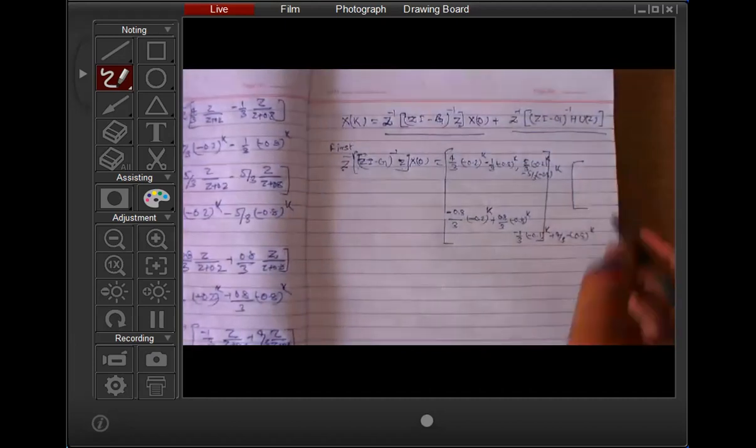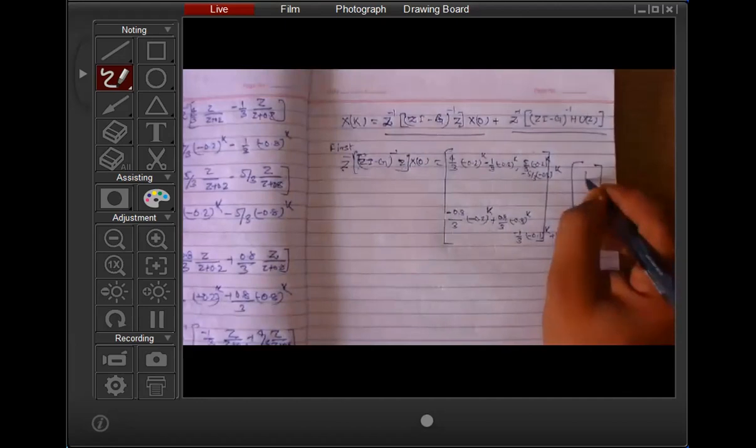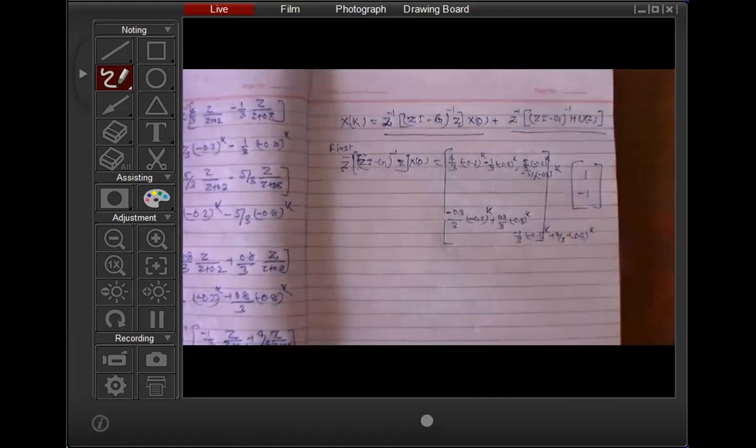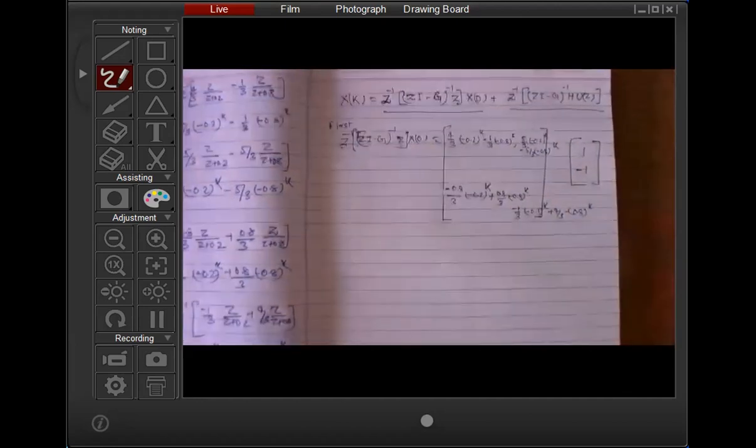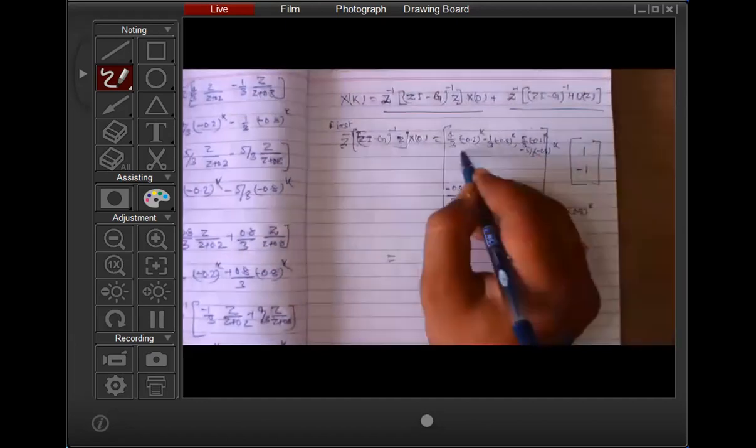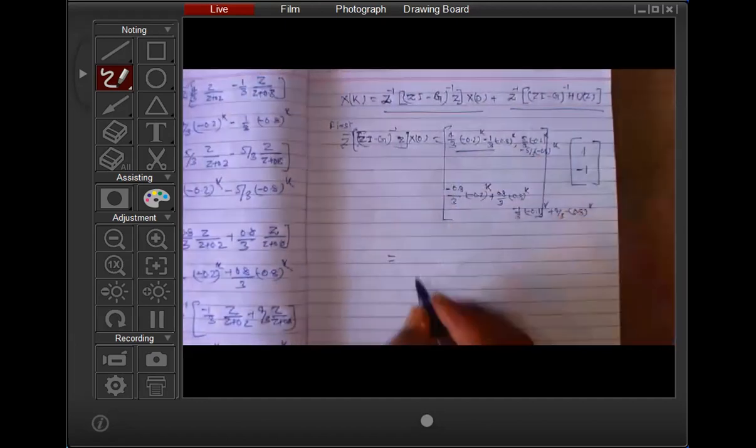The initial value of the state variable is 1 and minus 1.